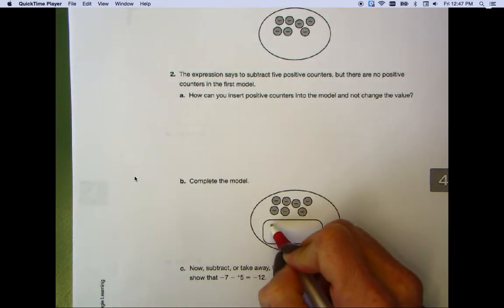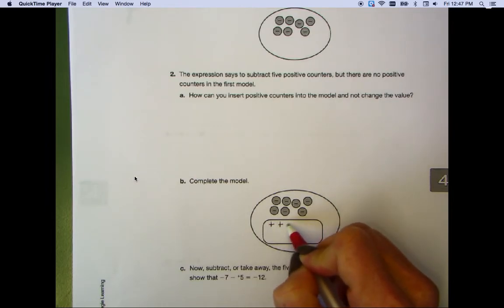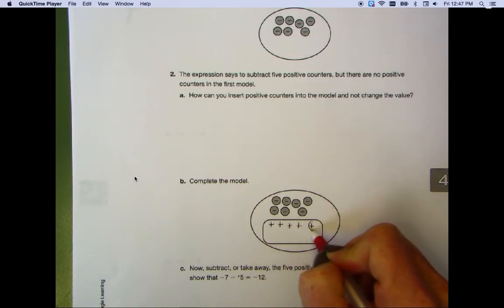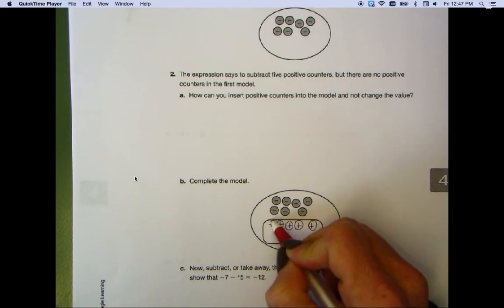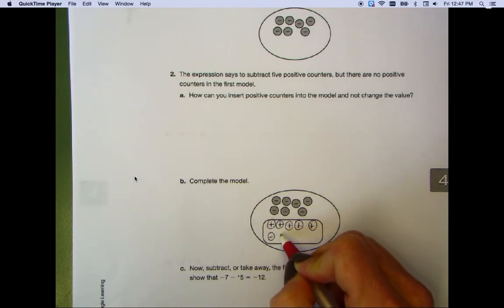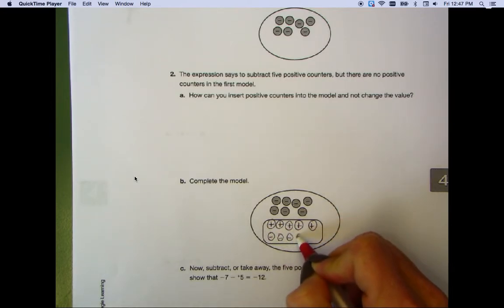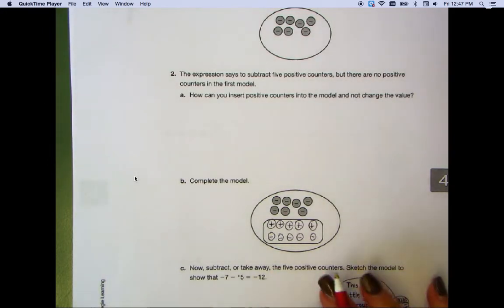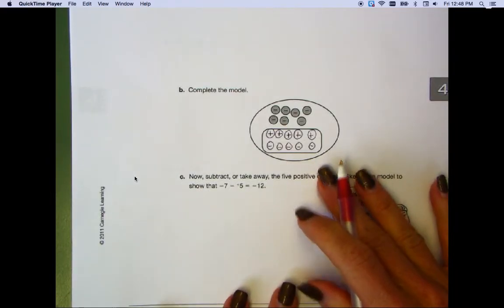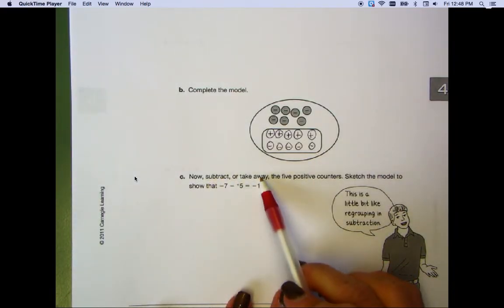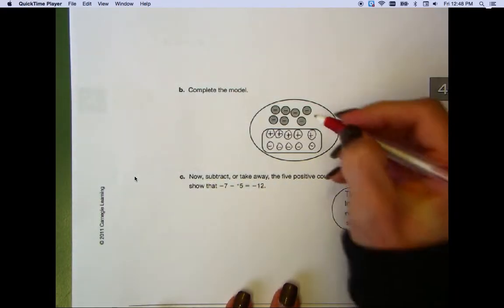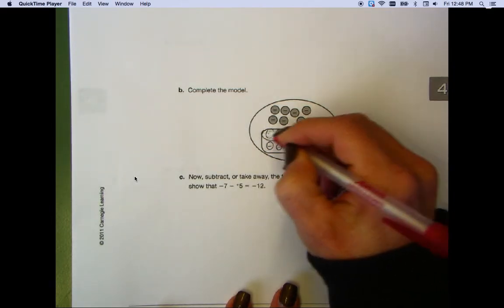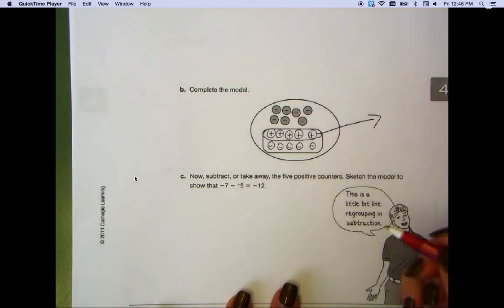If I add 5 positives, it means I need to add 5 negatives so that I don't change the value of what is on my plate. Now that I've done that, I can subtract or take away the 5 positives. I'm going to slide these all off the plate.